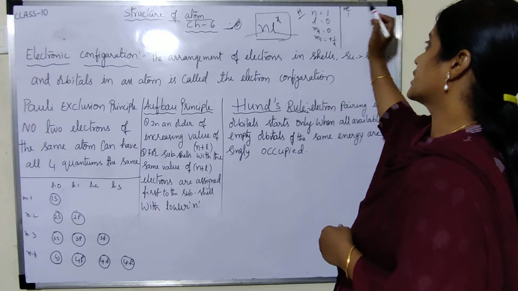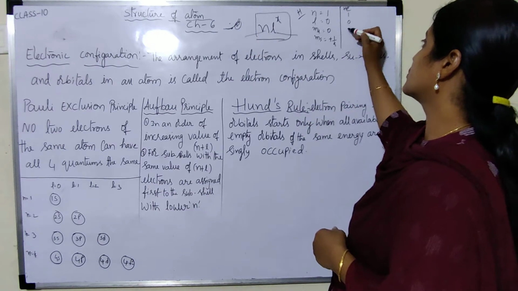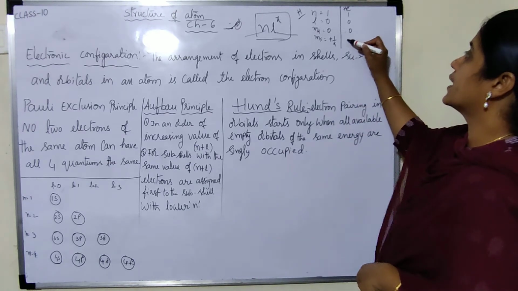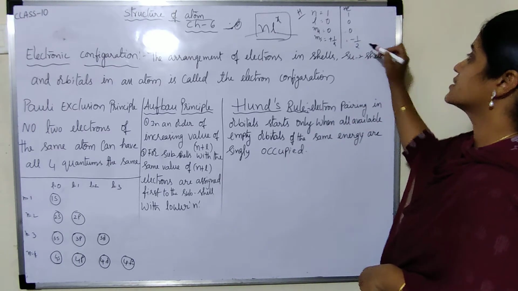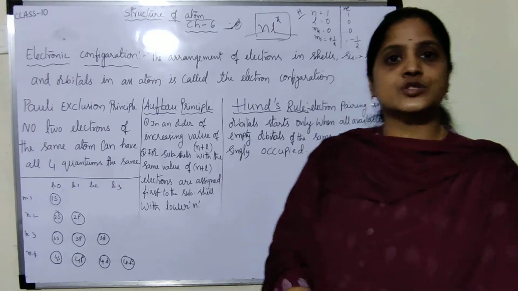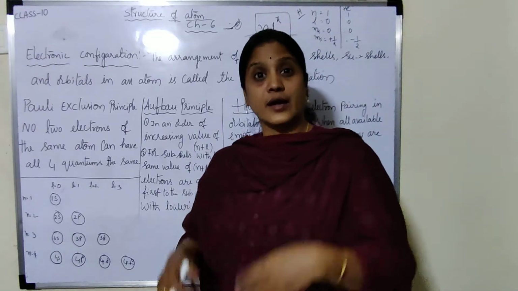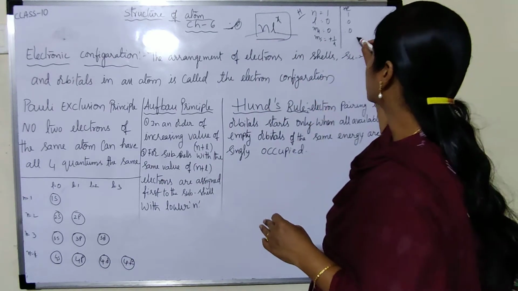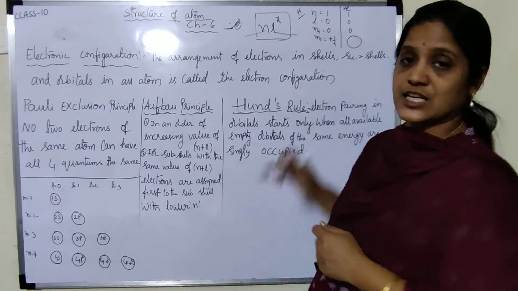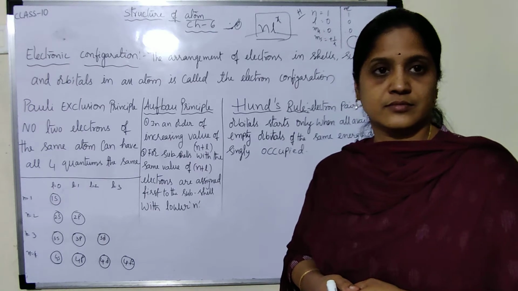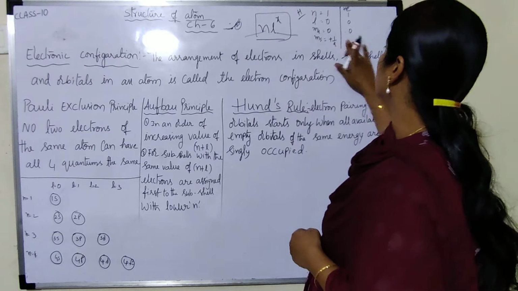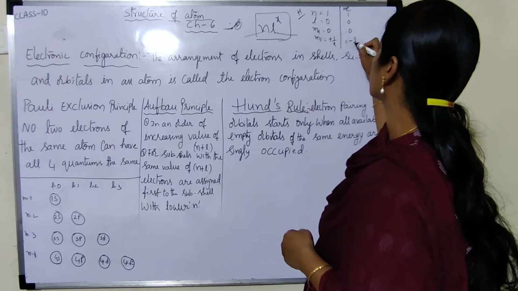So N is equal to 1, L is equal to 0, ML is equal to 0 and Ms is equal to minus half, because no two electrons can have the same spin. The spin of the second electron is minus half.